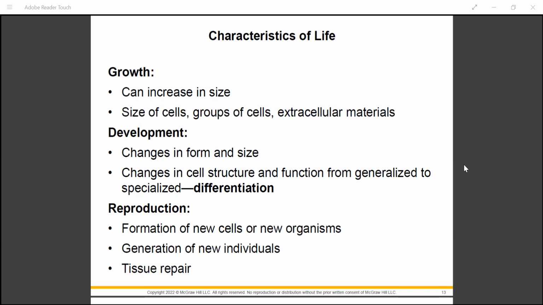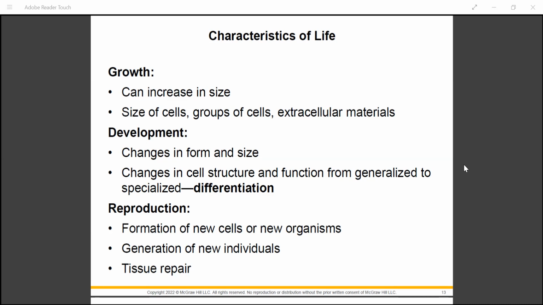Differentiation is changes to a cell's structure and function from an immature cell to a mature cell that has a specific job. An example of this is starting as a stem cell, a cell that can really be anything, and then it differentiates into, say, a muscle cell. That process of going from a stem cell to a muscle cell is differentiation.